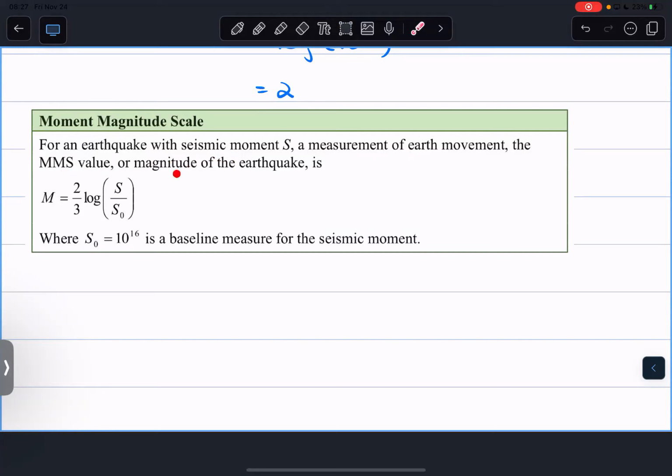The MMS value or magnitude of the earthquake is 2/3 times the log of S over S0, or S naught, if you're like me, where S naught is 10 to the 16. Which is a baseline measure for the seismic moment. So this S0 is always going to be 10 to the 16, but usually we can get away with not plugging it in and just talking about relative to the baseline. How big was this quake that we saw?